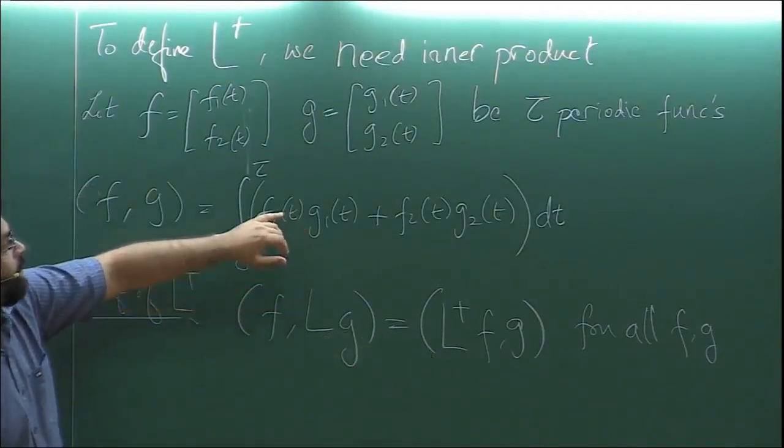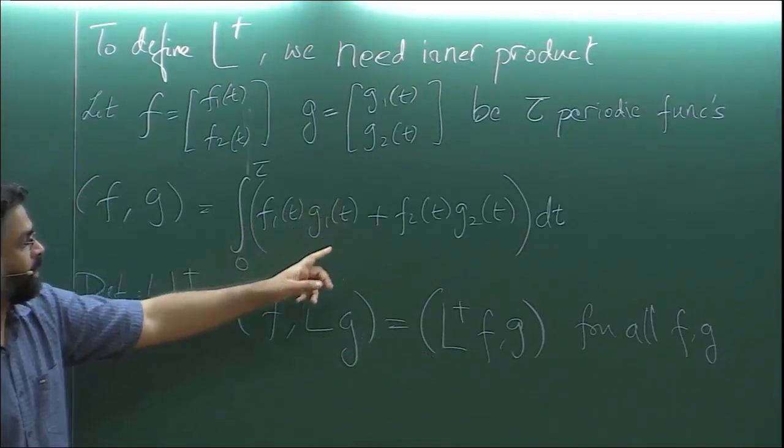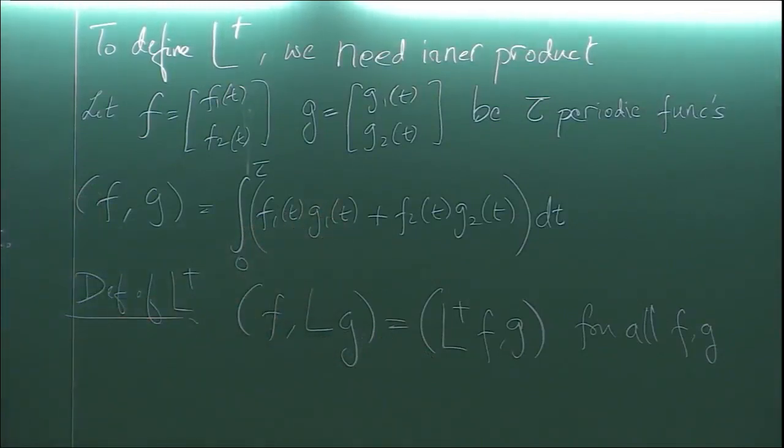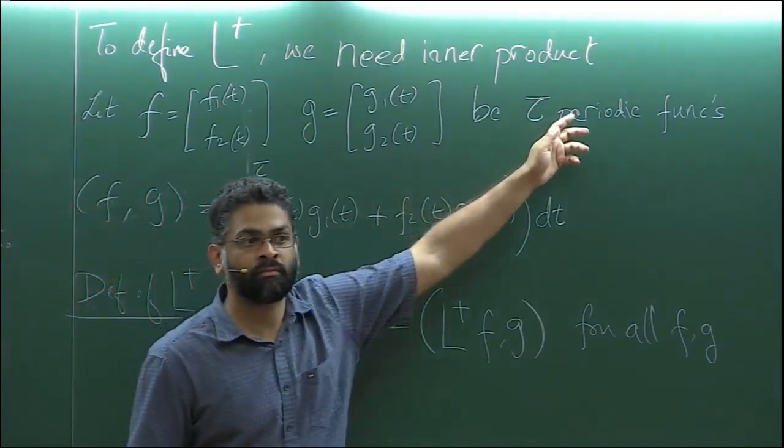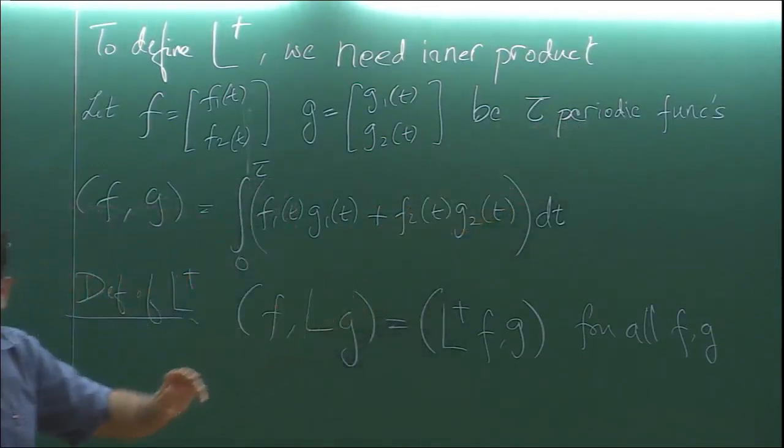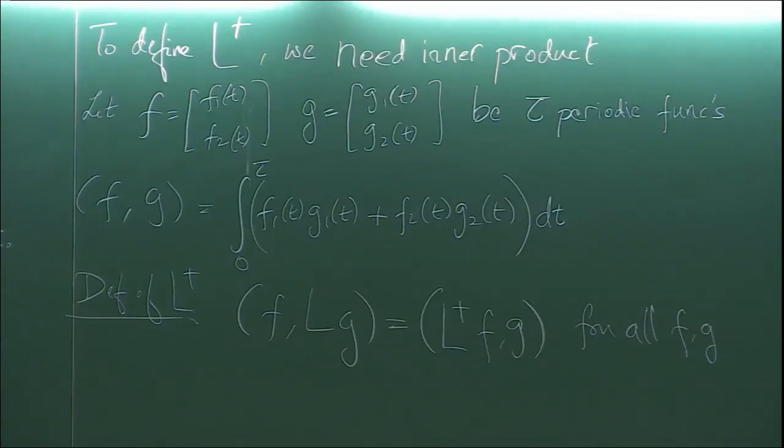Right? So you're going to have a matrix multiplying the vector, as well as you're going to have this d/dt. This d/dt will turn into a negative d/dt when you do integration by parts. There'll be no boundary term because everything is assumed to be tau periodic. Okay? Everyone okay with that? I'm not going to do the calculation. I'm just going to state down what L transpose looks like, or the adjoint. But it's a simple exercise in just moving stuff to the other side.